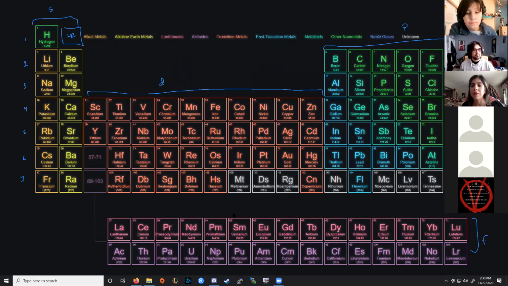But if we take one from the 4s, we make it 3d5 and we make both of them half full. So 4s1, thank you for drawing that out. 4s1 and then 3d5. So both of them would be exactly half full, and that's much more stable than 3d being not half full or not completely full.